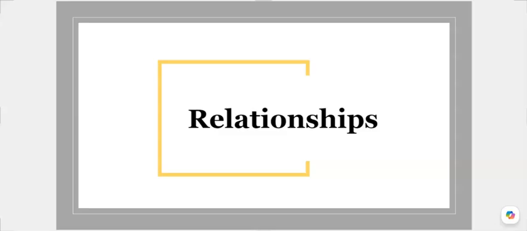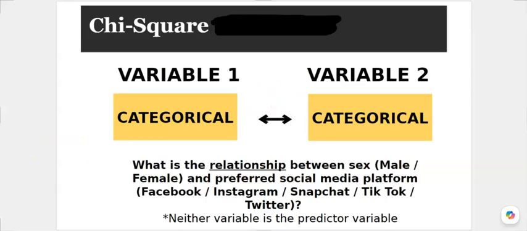Okay, now we have two categories of inferential statistics. If we want to know the relationship between two variables, we have one test that is the chi-square. Variable 1 and 2 are both categorical variables. You can choose the chi-square to see the relationship between male and female, for instance, and four different kinds of social media platform.